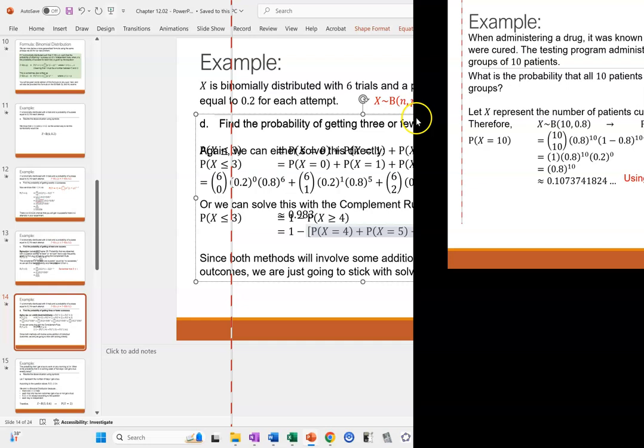But remember, there are 2 groups here, 2 groups of 10. So I actually want the probability of x equals 10 times the probability of x equals 10. Both things need to happen. So I just took my answer here and squared it, and I get just a little over 1%. Not real good odds that's happening.